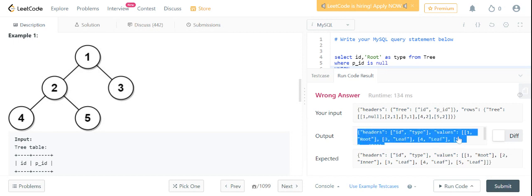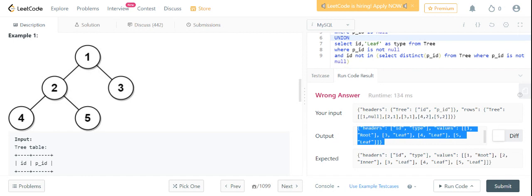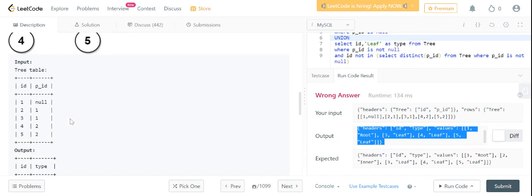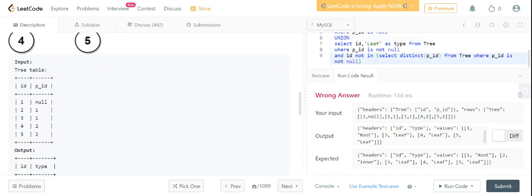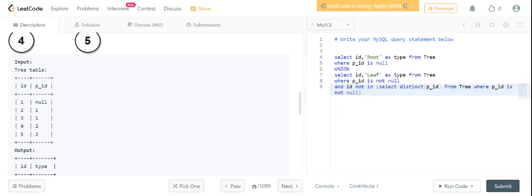Now if you see this output, we have got the root node which is 1, and we have got 3, 4 and 5 as the leaf nodes. The only thing remaining is the inner node. So let's write one more union here.